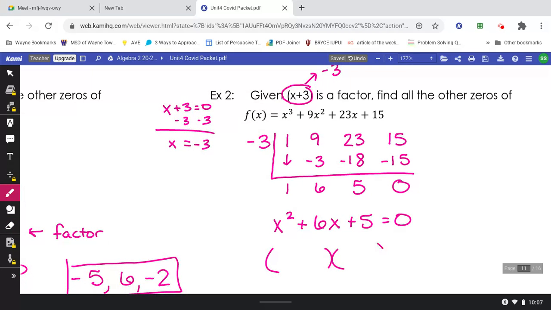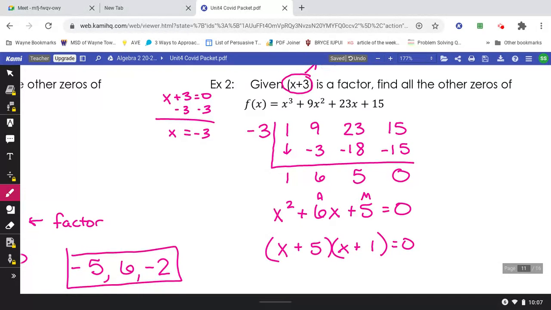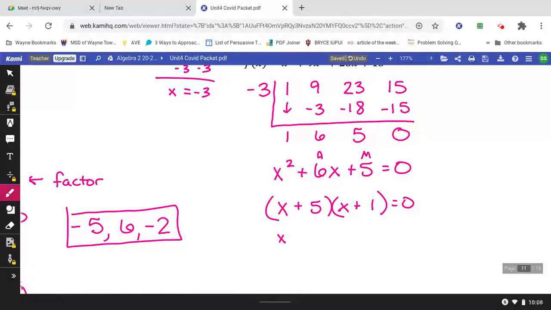And next up is to factor. Looking for numbers that multiply to 5 and add to 6. Those numbers are going to be 5 and 1. Both of my signs will be positive. And then I set each one equal to 0 and I solve.